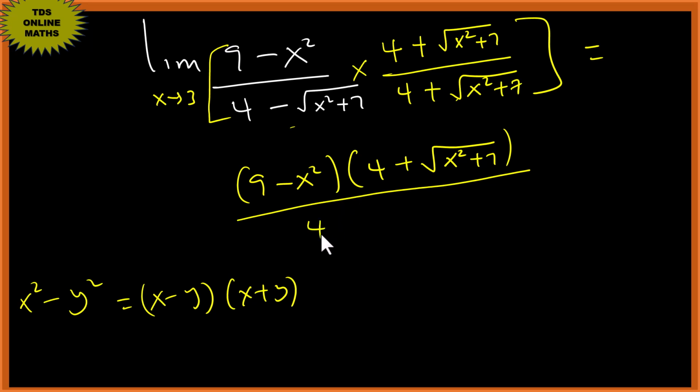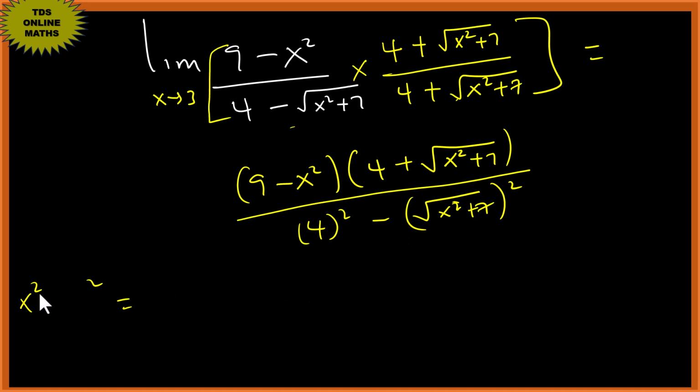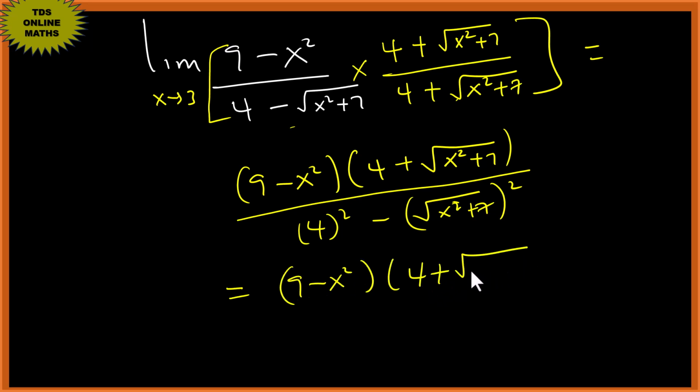So we have 4 squared minus the square root of x squared plus 7, all squared.